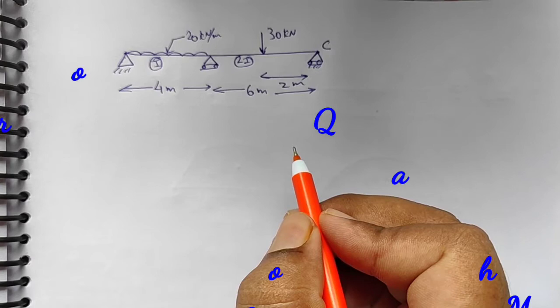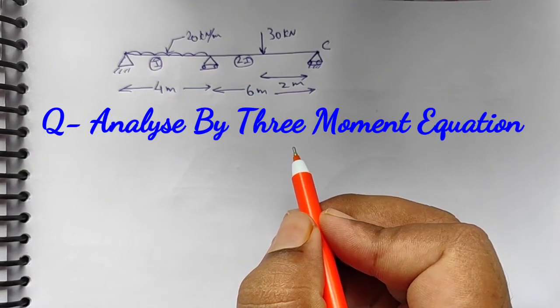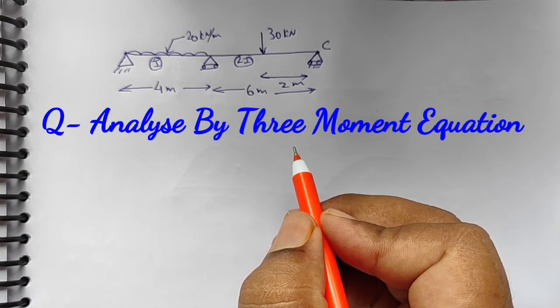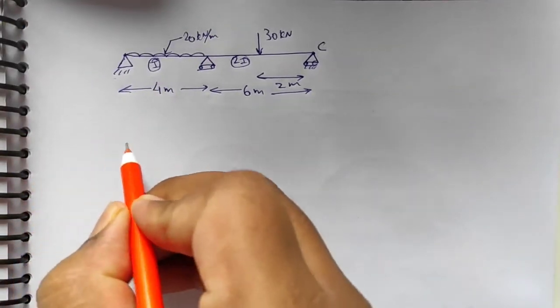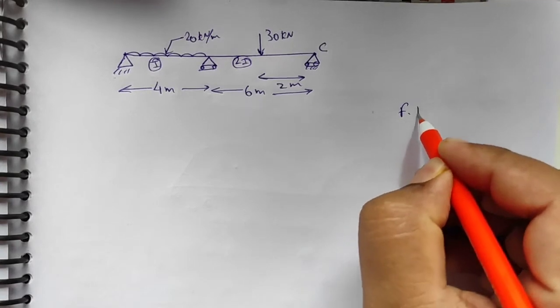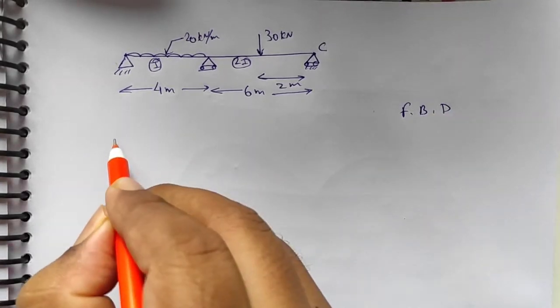So here the question is to analyze the continuous two span beam using the three moment equation. Our first step is to draw the free body diagram for the given beam.